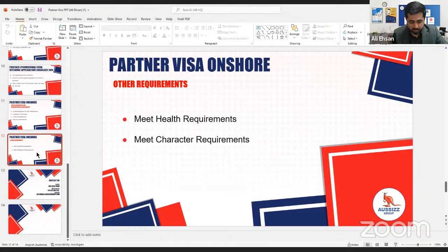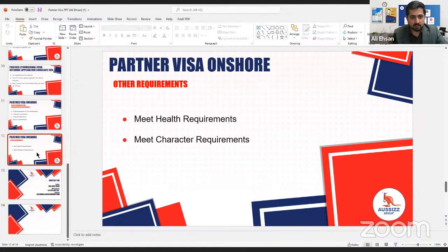I have another question here. Muhyiddin has asked that if he brings his partner, who is currently offshore, on a visitor visa to Australia and then lodges a partner visa onshore, is it possible.